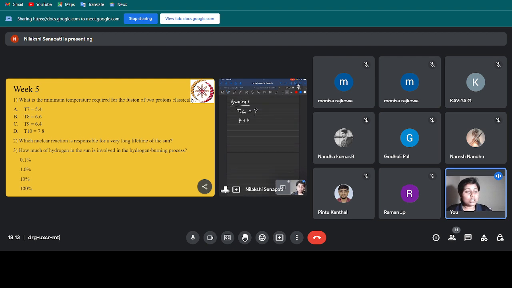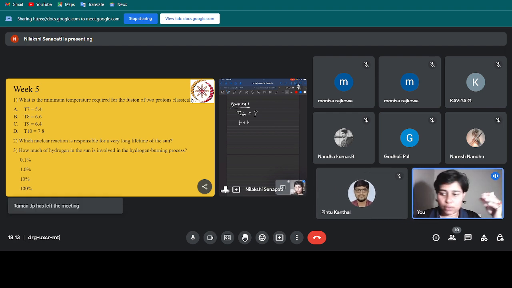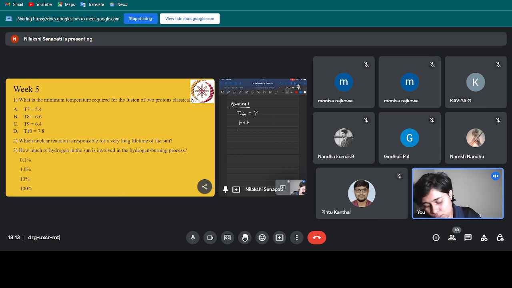Classically means you don't need to think about anything quantum mechanical. You can just use classical kinetic energy theory or the Maxwell-Boltzmann energy distribution, but you don't even need to go there. We just need to calculate T, and we know that energy is equal to kBT, nothing else.